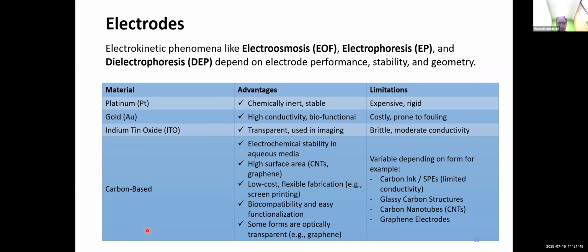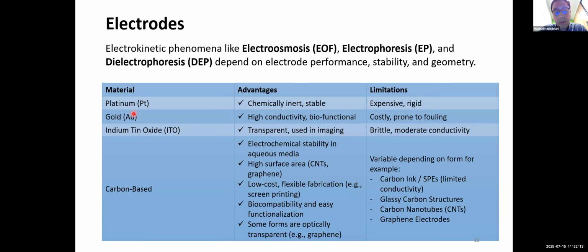Okay, now what is the role of carbon in such electrokinetic-based microfluidics? For all these different applications, we need electrodes, right? Depending on the performance of that electrode, stability, and also geometry, we have different options. I have listed some of them here.